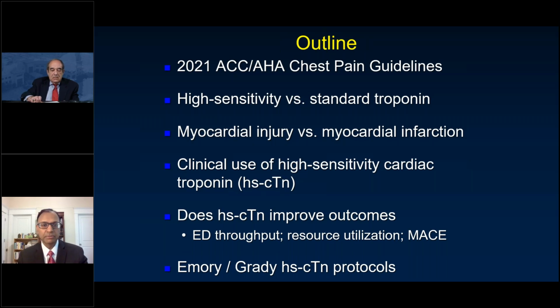We'll then go into myocardial injury versus infarction, the clinical use of HS troponin, and look at some data regarding whether HS troponin improves outcomes, including ED throughput, resource utilization, and major adverse cardiac events. And then finally, we'll show an example from Emory Healthcare about how the protocols are used before we go into a moderated question and answer session with Dr. Sigal.